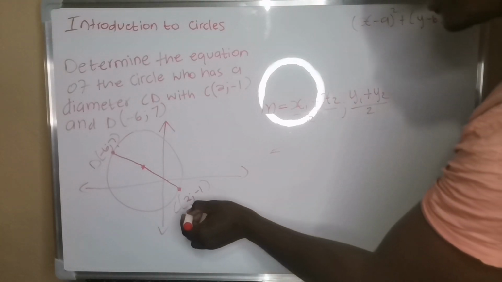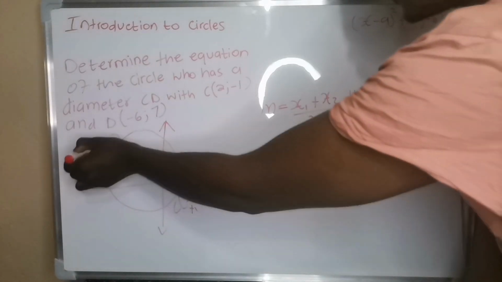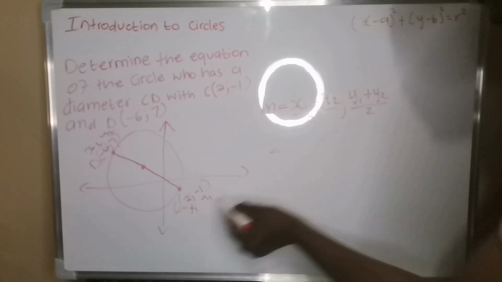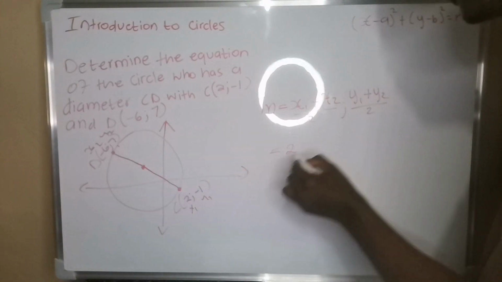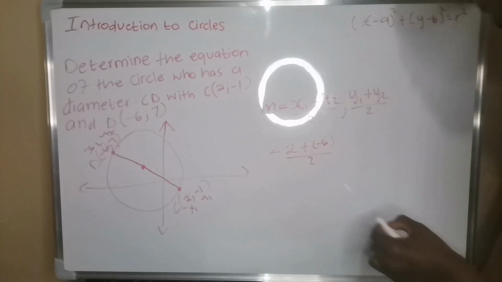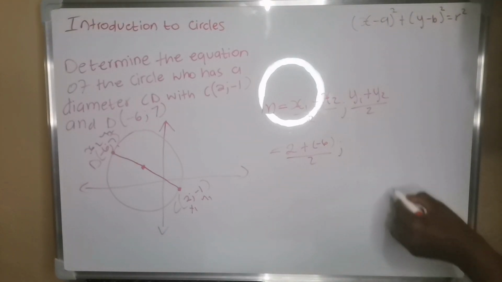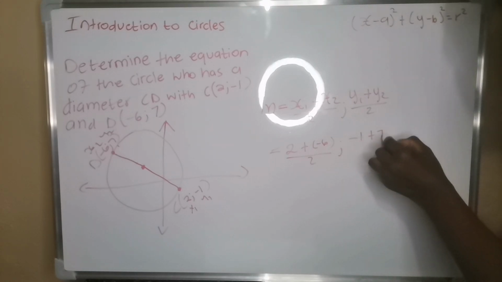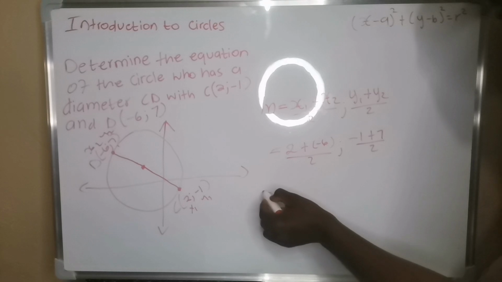Now you can name your coordinates x1, y1, x2, y2. x1 is 2, x2 is negative 6, all divided by 2, and y1 is negative 1, y2 is 7, divided by 2.